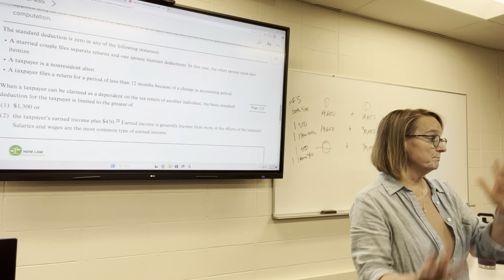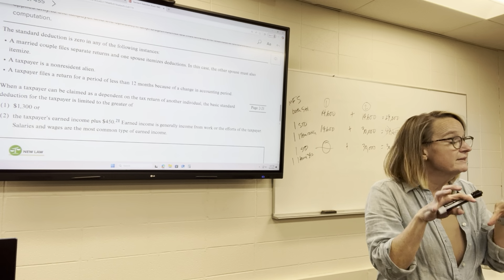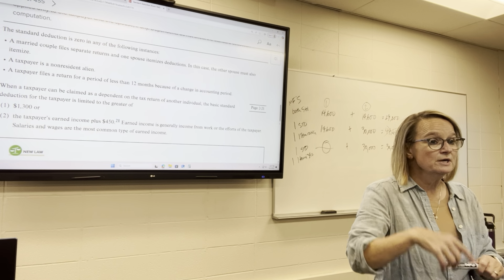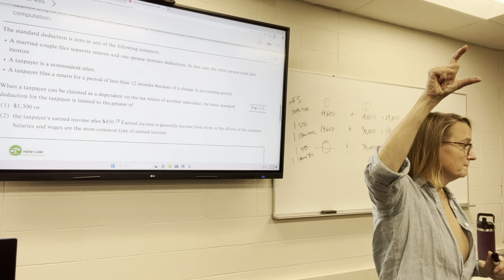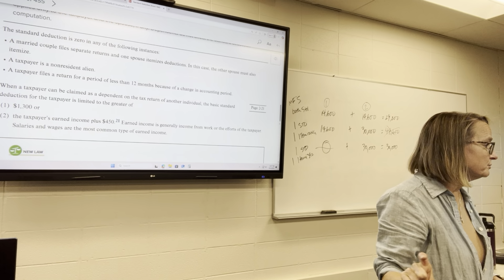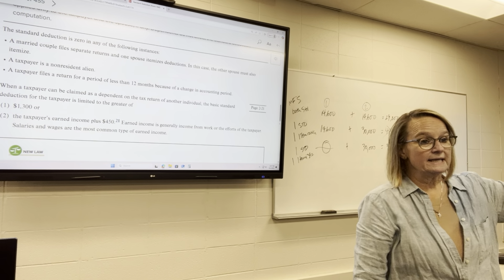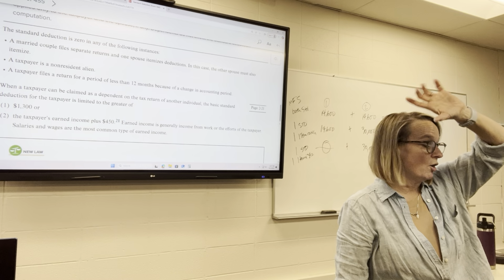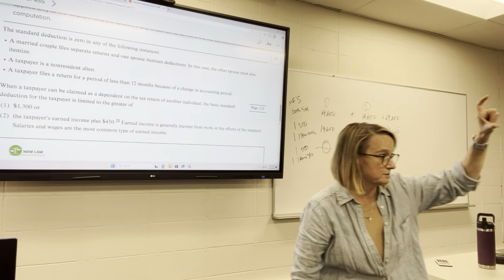That money doesn't get put on the parents' tax return. The only money that shows up on a tax return is the income from those two people at the top. Any income from any of the dependents elsewhere on the return, they're going to get their own tax return. So again, same thing. Only those people at the top, it's their income and deductions.